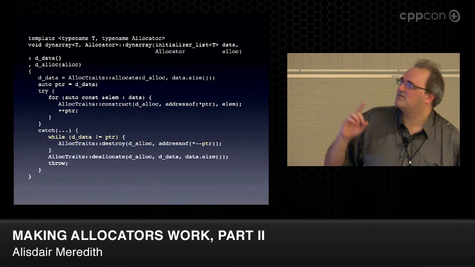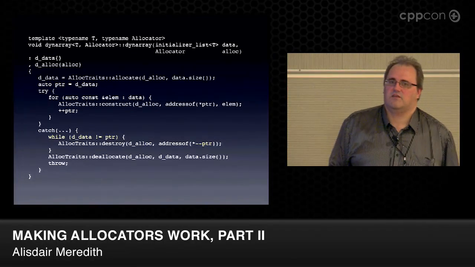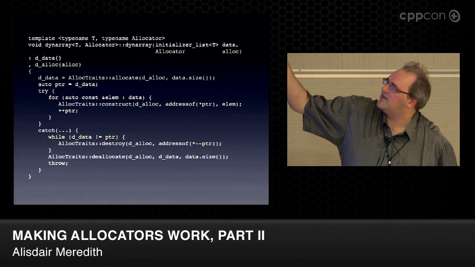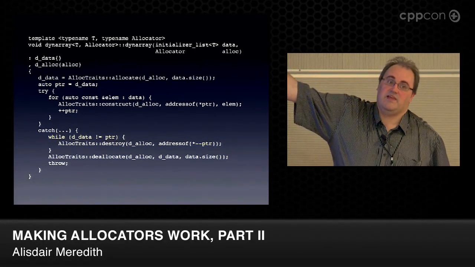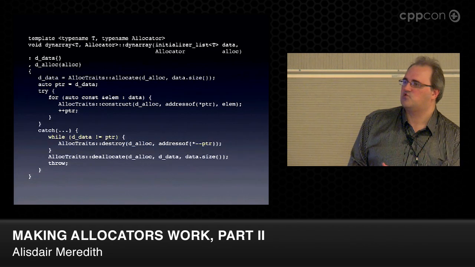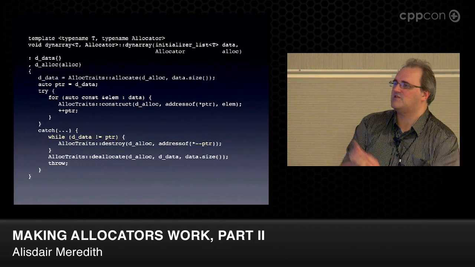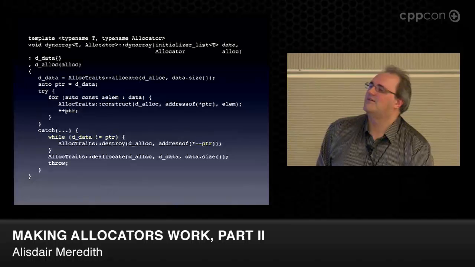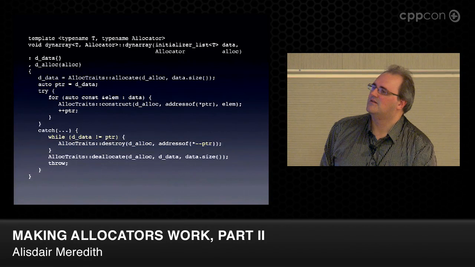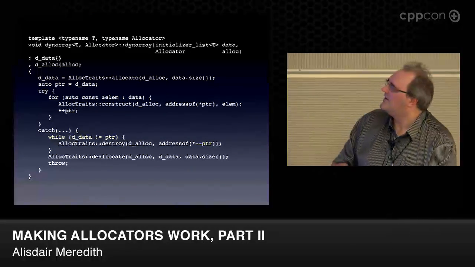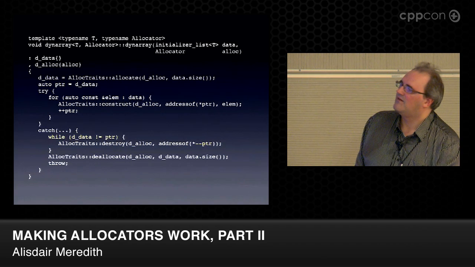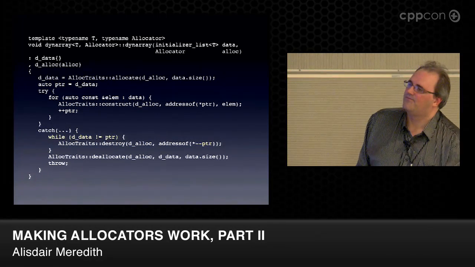So, the nature of the construct customization point is so that the allocator might do something interesting as it constructs the elements, such as storing a cookie. So was there a question to follow up? Yes. So when you called allocate, how was the space for that extra stuff taken into account?